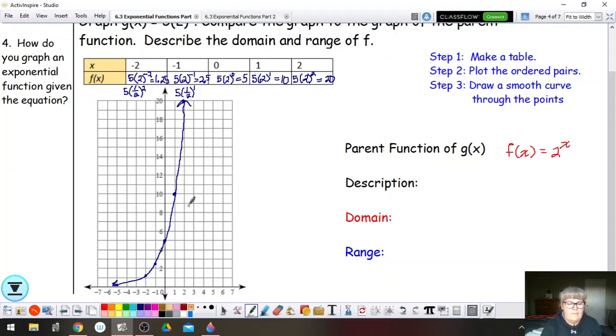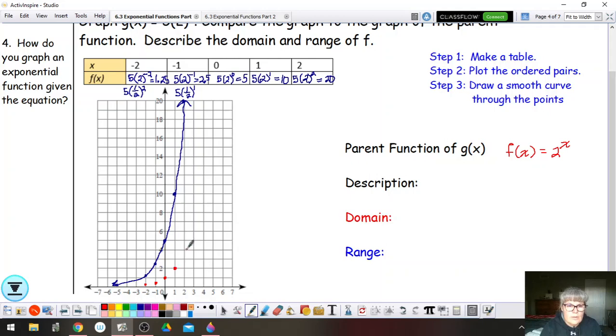Now let's graph that parent function. So that's just going to be the powers of 2. So 1/2 squared was 1/4. So when x was negative 2, we're at 1/4. 2 to the negative 1, or 1/2 to the first, was 0.5. 1/2 to the 0 is 1. 2 to the 1 was 2.